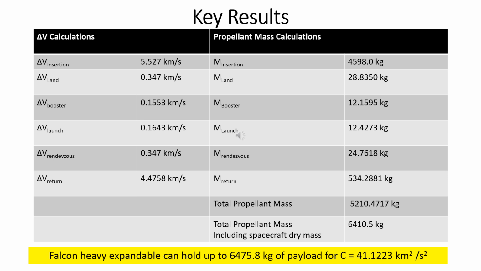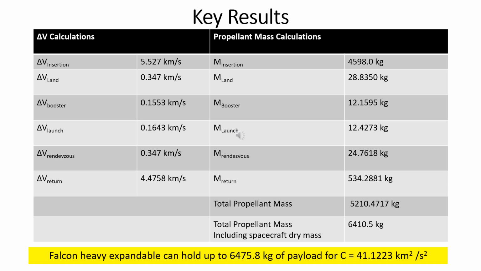Once there is an optimal time to leave Ceres, it will do a delta V return of 4.4758 kilometers per second. This is to minimize the propellant needed for the entire trip. The total propellant mass came out to be 5,210.4717 kilograms, and the total mass of the entire spacecraft with the propellant came out to be 6,410.5 kilograms.